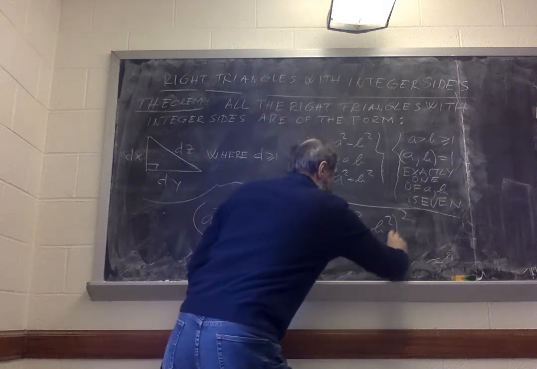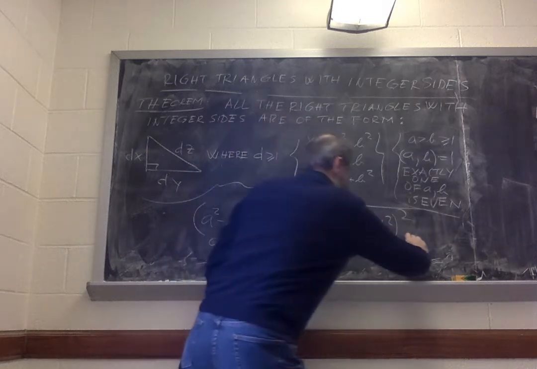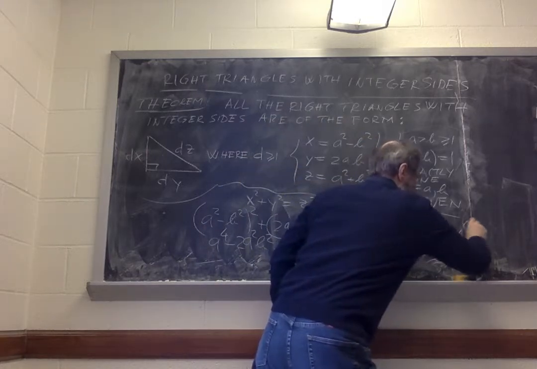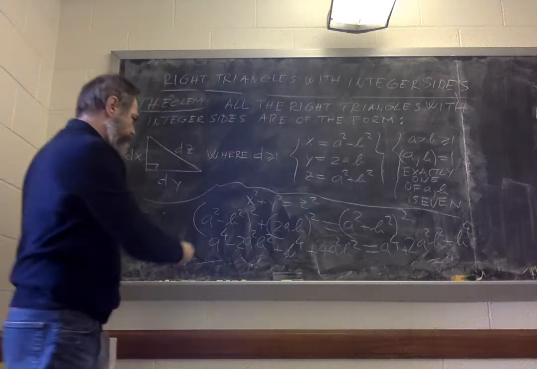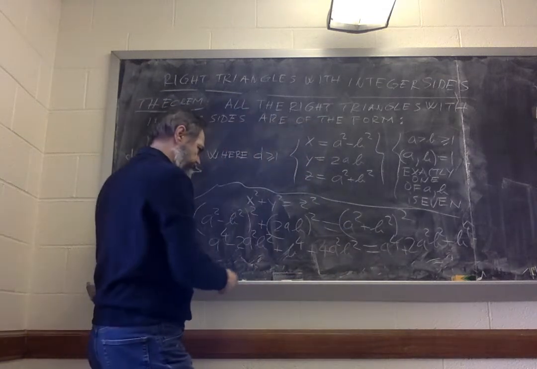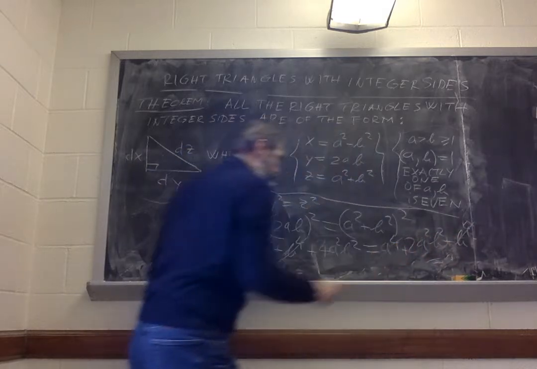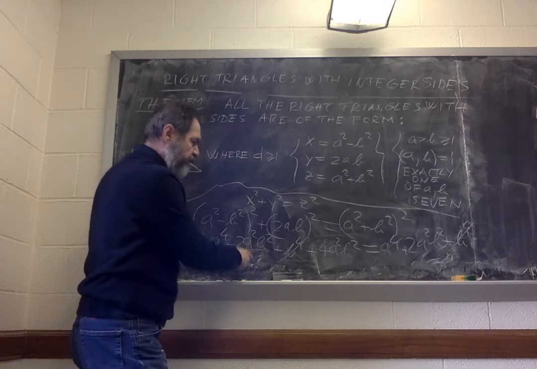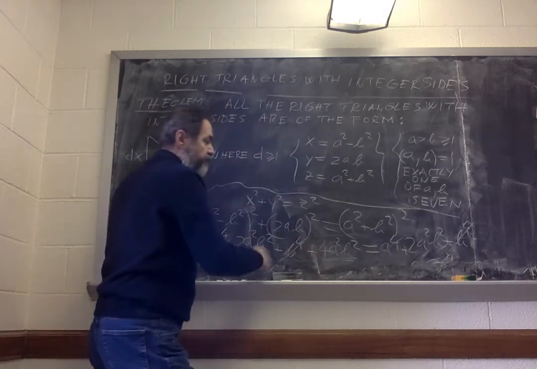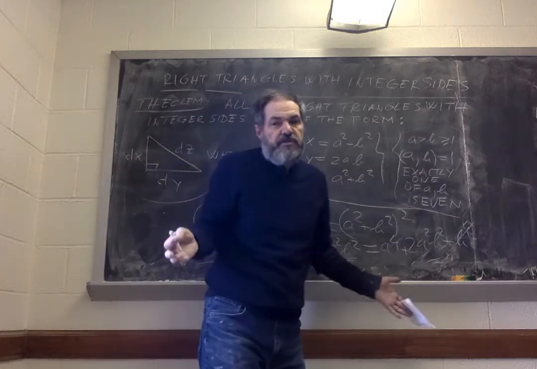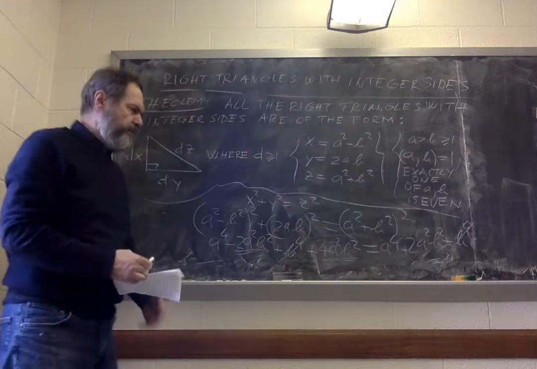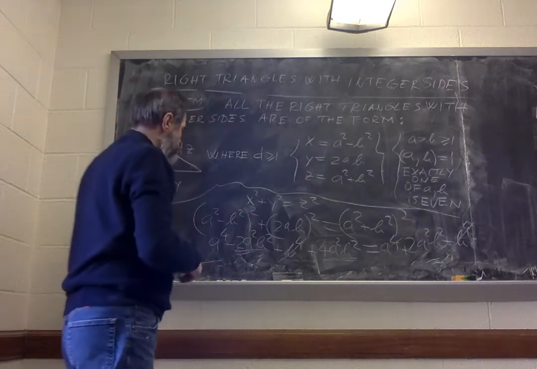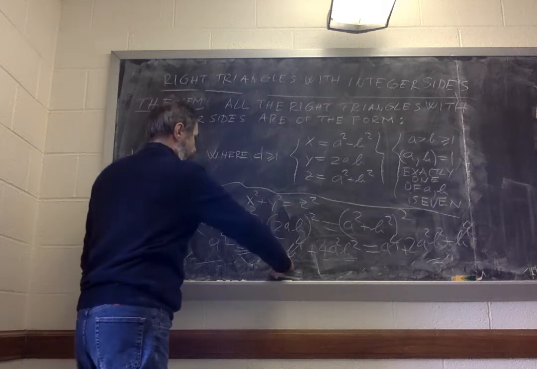The first one squared is a to the 4, 2 times the first times the second is 2a squared b squared, the second one squared is b to the 4. And indeed, the a to the 4 cancels with the a to the 4, and b to the 4 cancels with the b to the 4. I have minus 2 a squared b squared, but plus 4 a squared b squared gives me plus 2 a squared b squared, exactly what I have on that side. So it satisfies Pythagoras. So this always gives right triangles with integer sides.